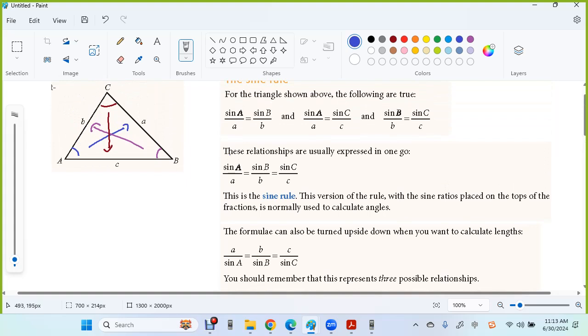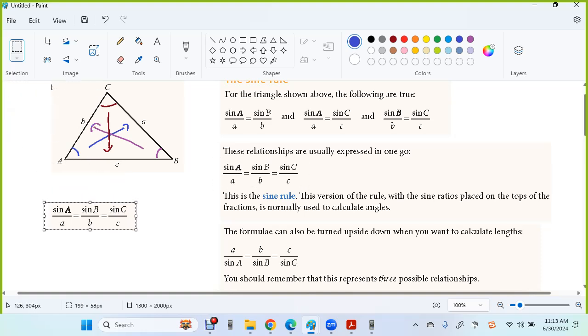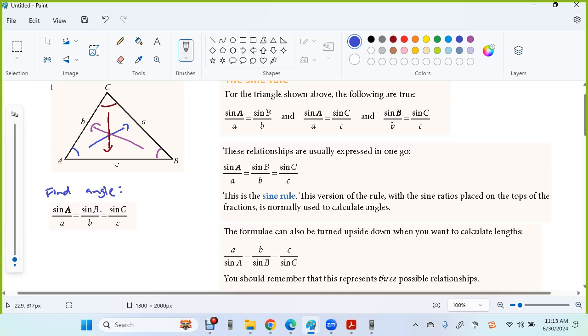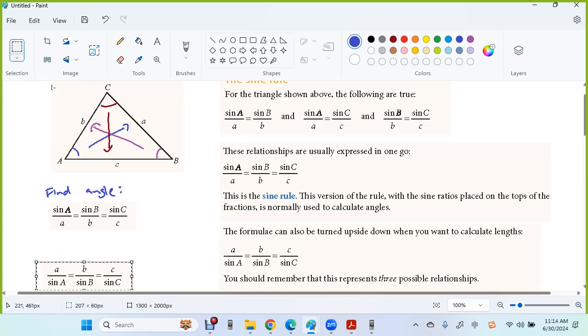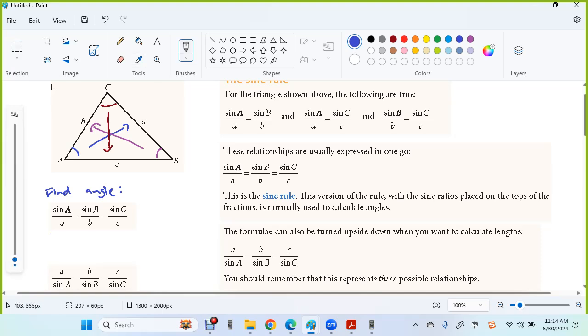So when do we use sine A over a? When we want to find the angle, we use sine A on top. If we want to find the length, we use the other one. The one you want to find, you put on top.